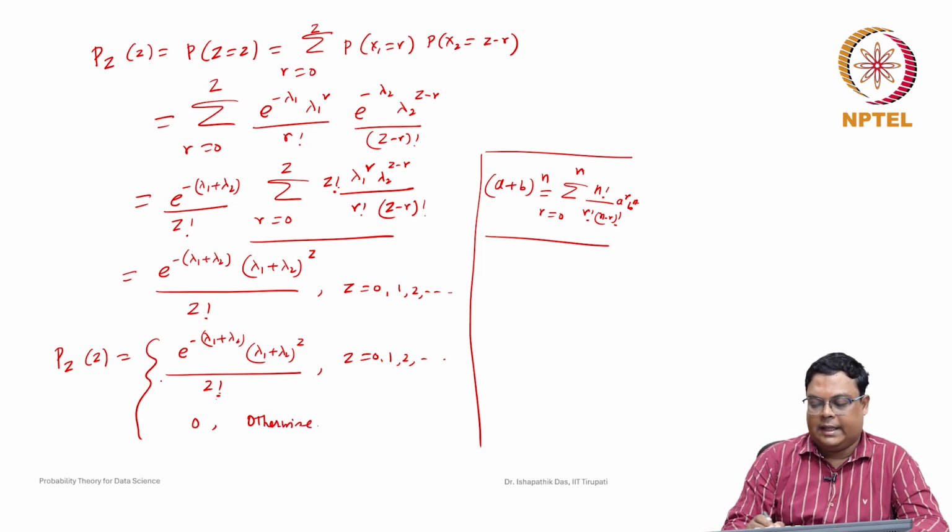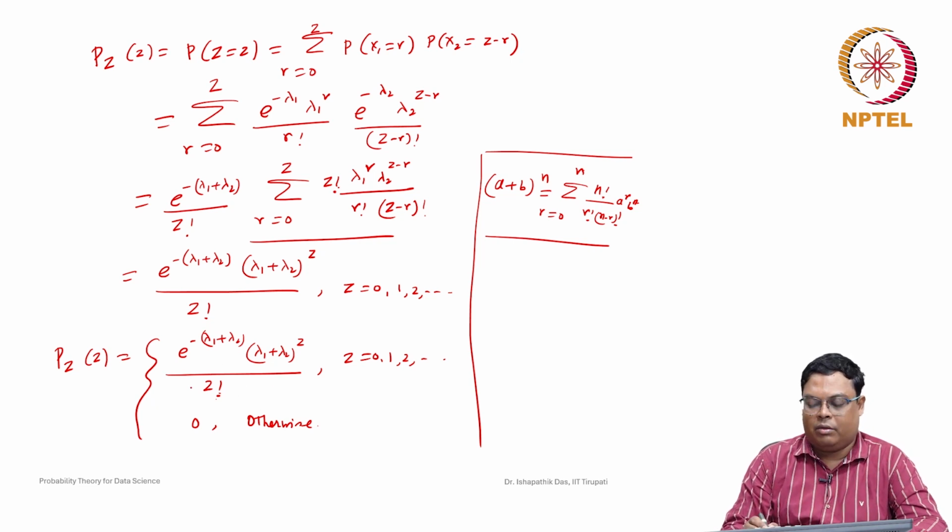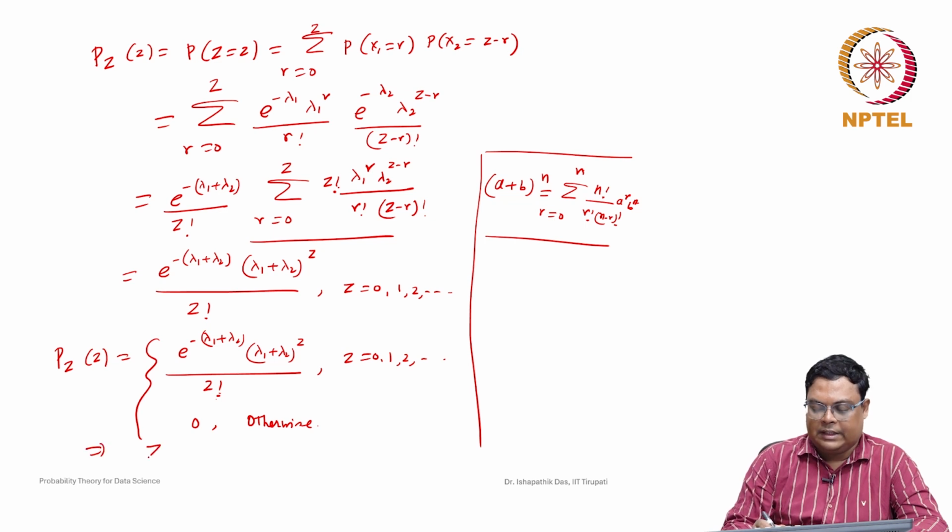This distribution is very similar looking to the Poisson distribution, which implies that z is also Poisson distributed with parameter lambda 1 plus lambda 2.